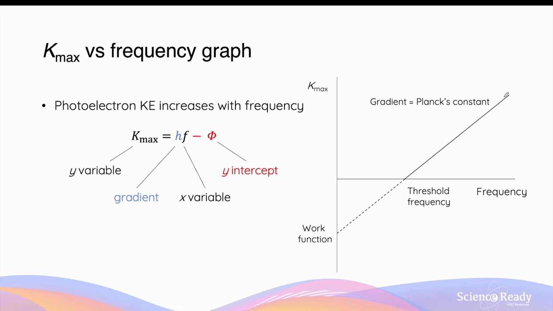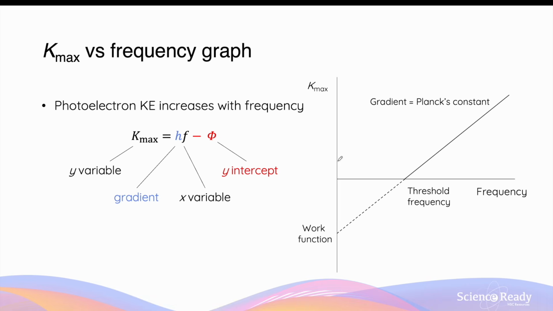And this straight line shows that the kinetic energy is directly proportional to the frequency of light being used. As the frequency increases, the photons will have more energy, and that will lead to the electrons also having more kinetic energy.